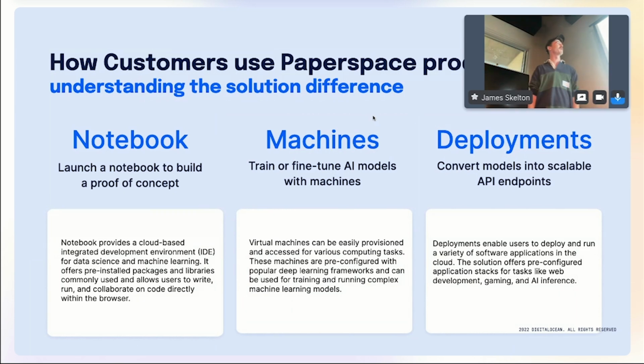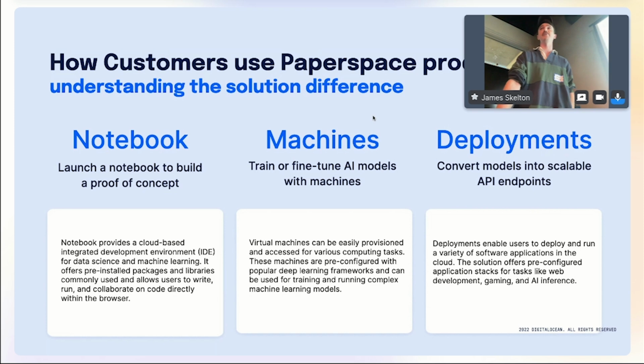Yeah, this is just a little bit more about those. So the notebooks, those are going to be really familiar to all of you that have used stuff like Colab or Kaggle, AWS SageMaker, IPython notebooks through Jupyter. Machines, those are just virtual machines that are connected to our GPUs. They can be run on Linux or Windows, and you can get either just direct SSH access, or you can get the entire thing in your web browser, which I quite like to use from time to time.